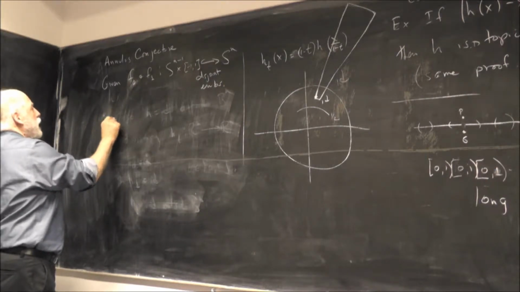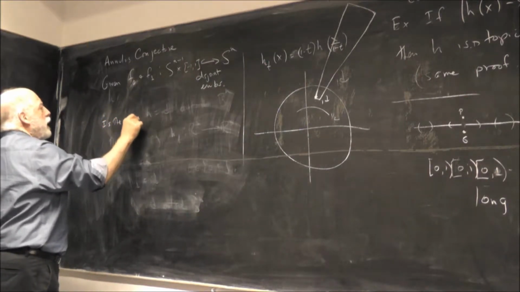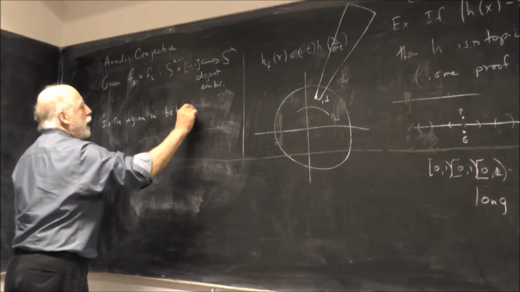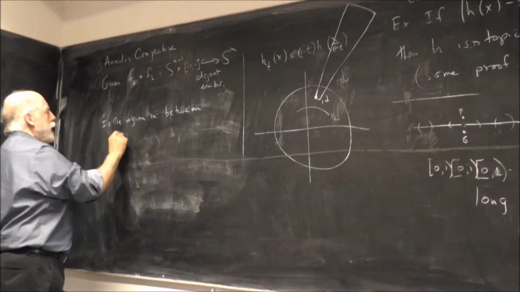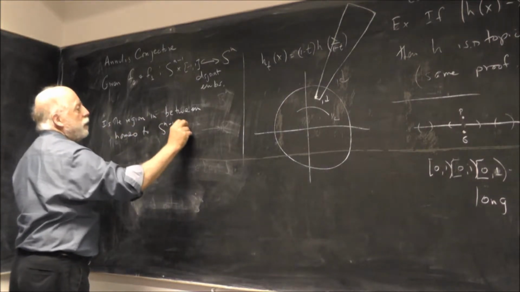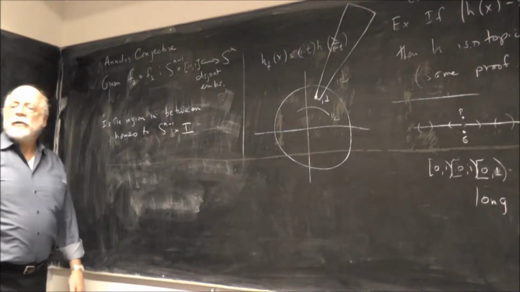Is the region in between homeomorphic to the sphere cross I? Is it just the sphere cross I?